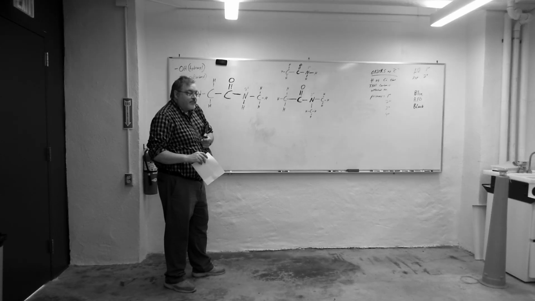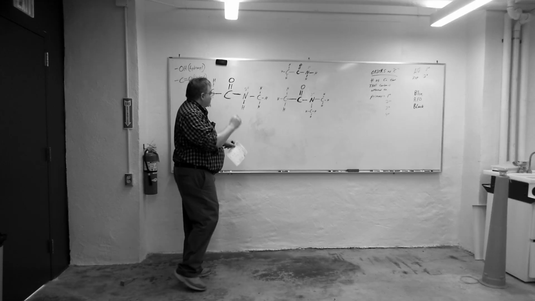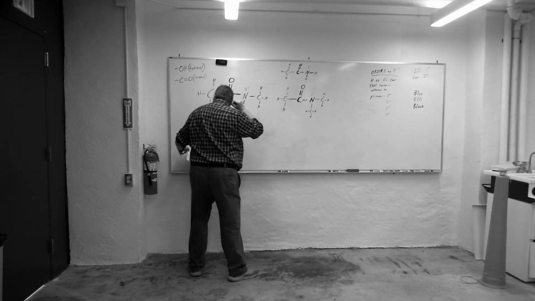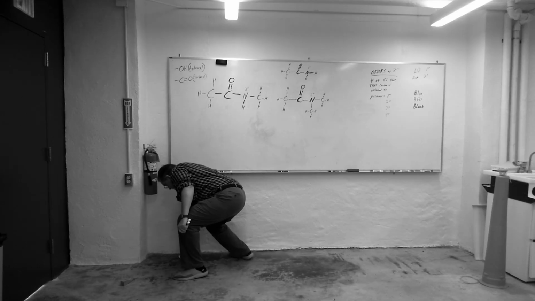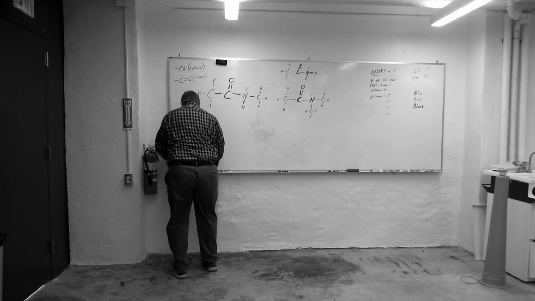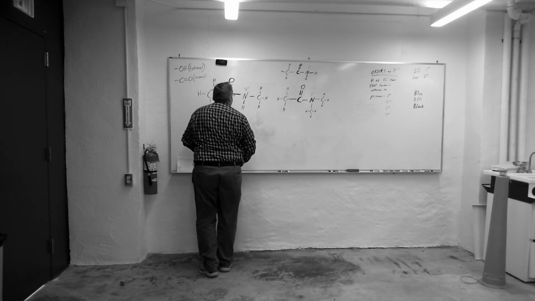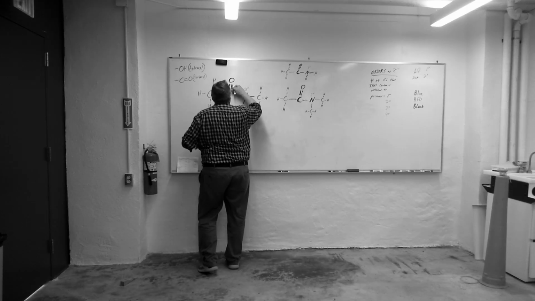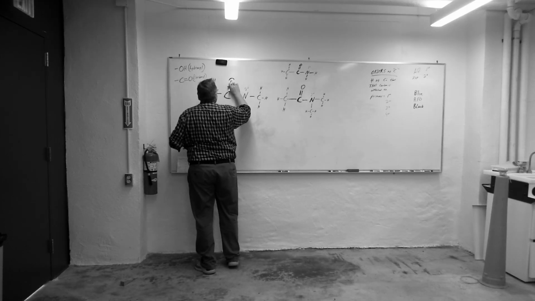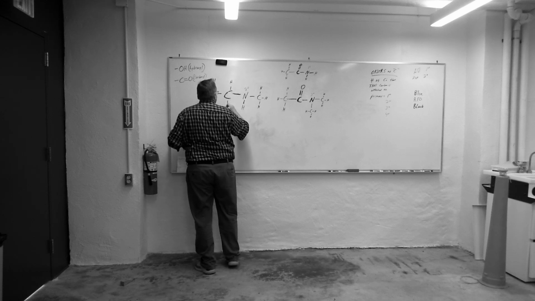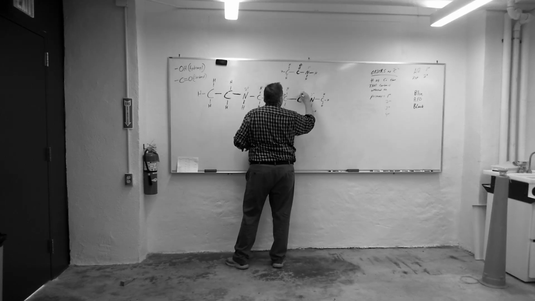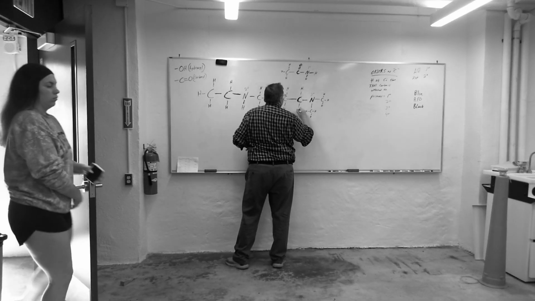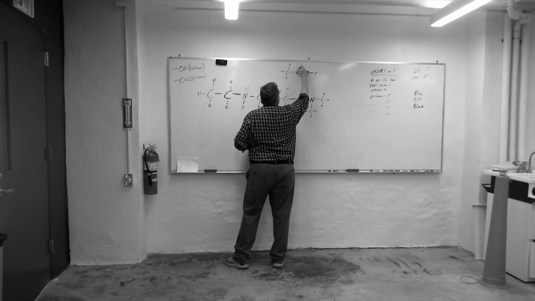You with me? All right. So let me go back to amines. I'm going to turn this back into an amine. And you have the same case if it's an amine. I'm going to take the carbonyl away.